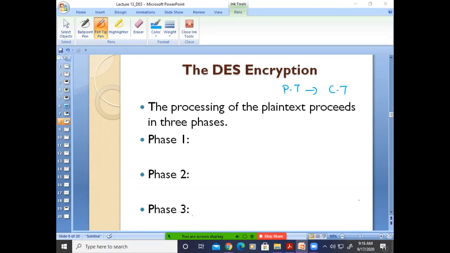In phase 1, the plain text block will be passed through a block which is called an initial permutation.